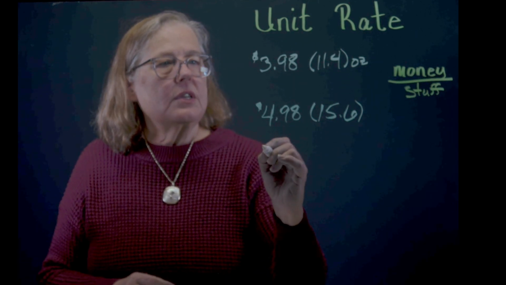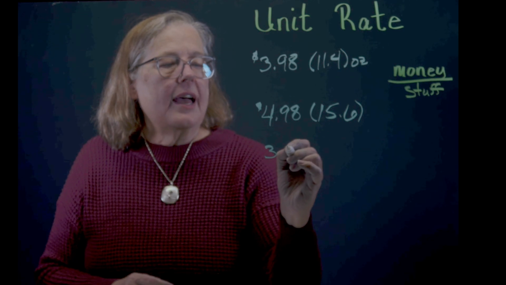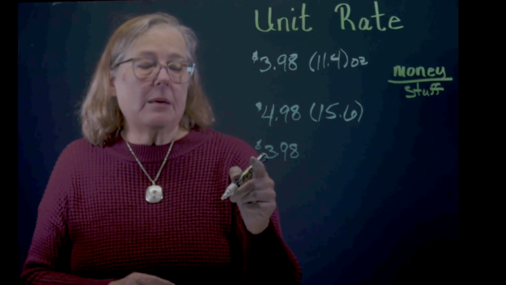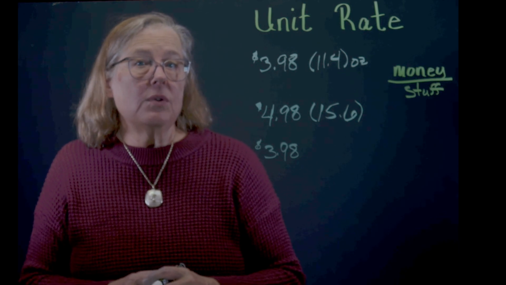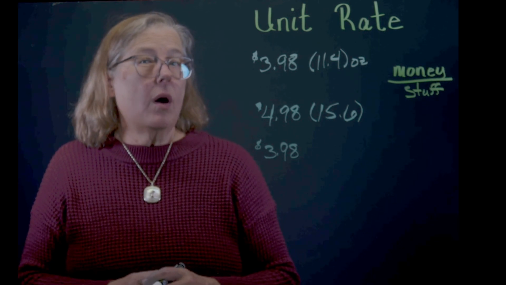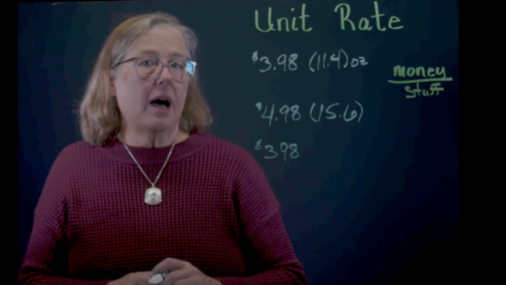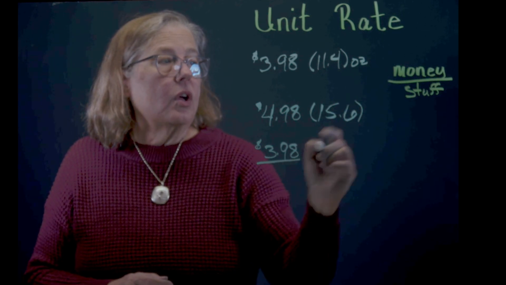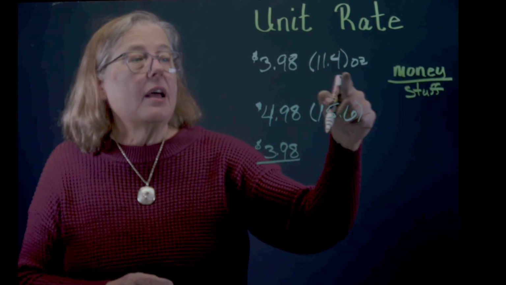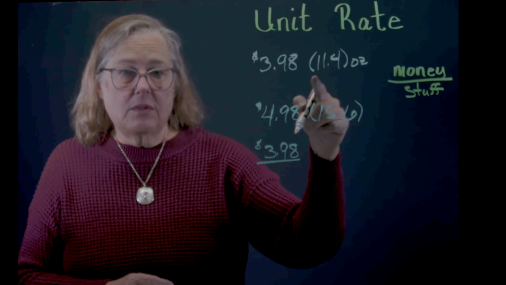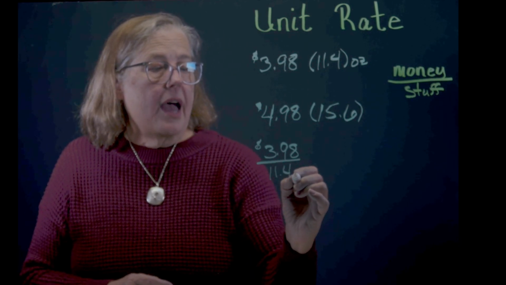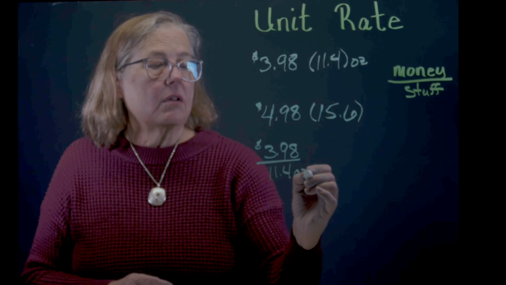The small box of cereal is $3.98. I like to label it because I want to keep track of what unit I have where, of what quantity I have where. I have money on the top. So it's money on the top over my stuff. Over what? 11.4 ounces. So I'm going to put 11.4 ounces right here.